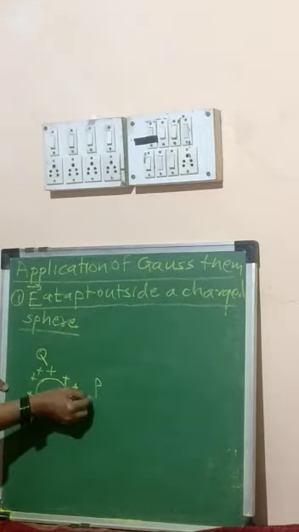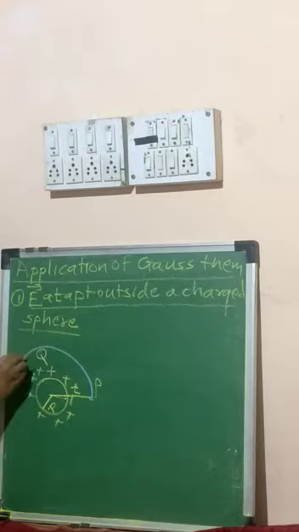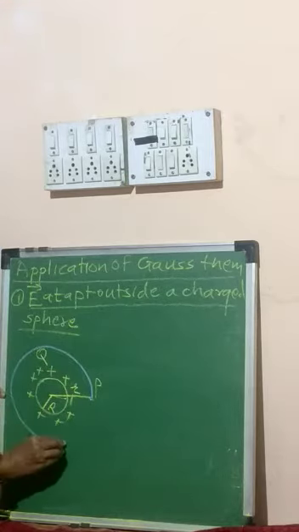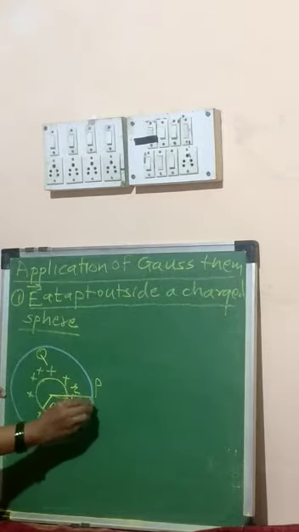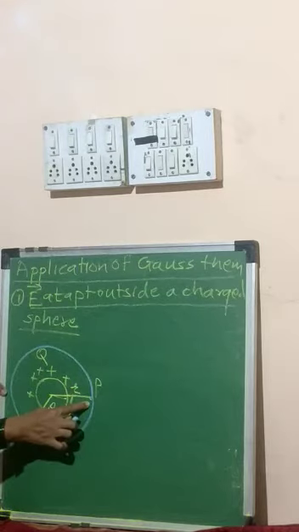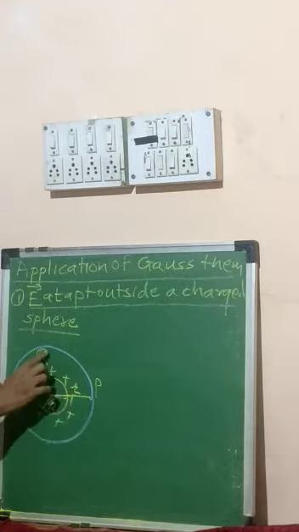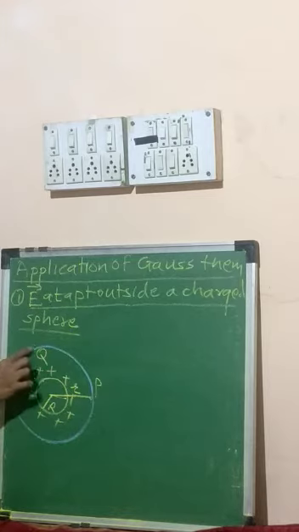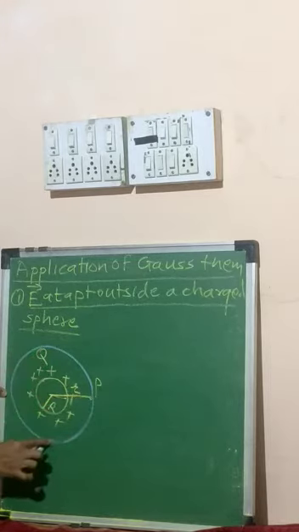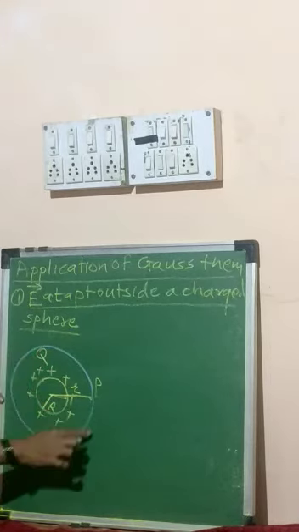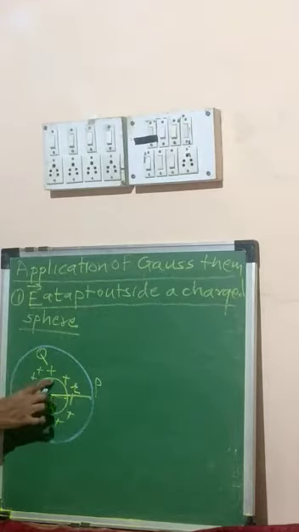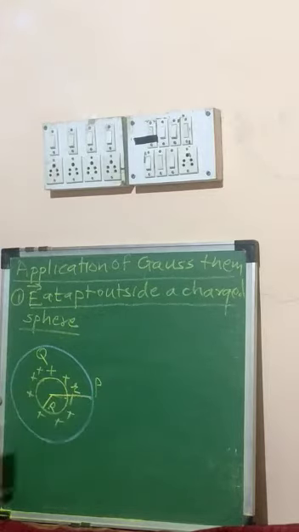So to enclose this P point, I can draw another sphere of radius small r, so that your point P will lie on the spherical surface area of this Gaussian surface. So this blue color sphere I have drawn, this is the Gaussian surface, and this yellow colored sphere is nothing but the charged sphere. So I have drawn this Gaussian surface at point P, that is step number 1.